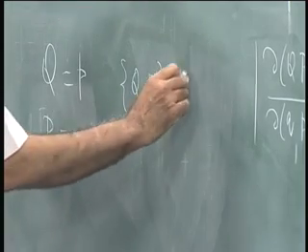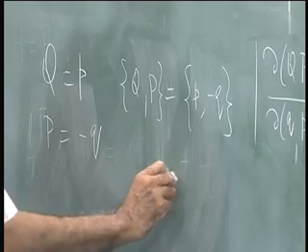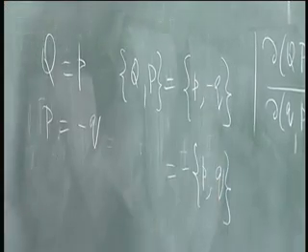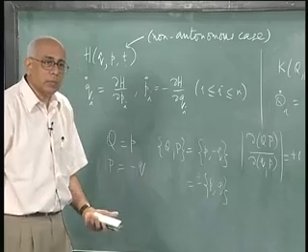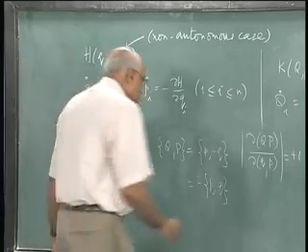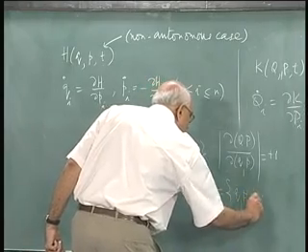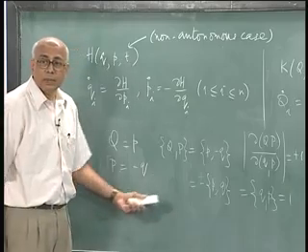That is equal to [p, -q], but that is equal to minus [p, q]. But we know that the Poisson bracket of A with B is minus the Poisson bracket of B with A, and therefore this is equal to [q, p] is equal to 1. So that is satisfied.